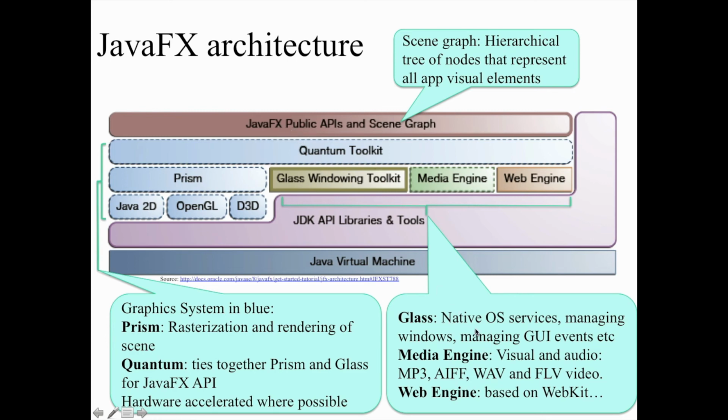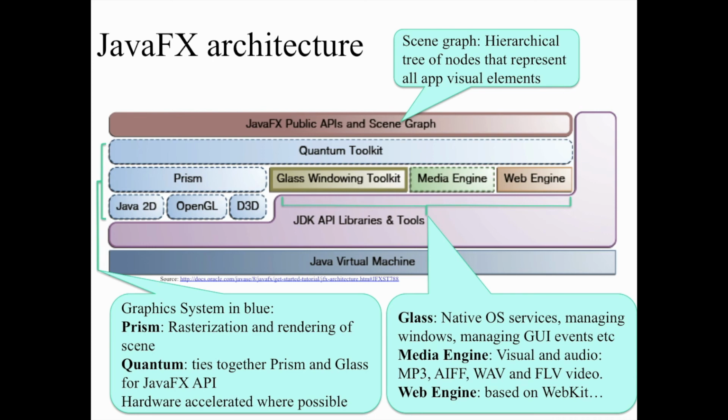So Glass gives us access to the native operating system windowing services. So the components that you have in JavaFX are actually quite thin, in the sense that you quickly go out into the native operating system windowing system components, and it means that what you get and what you see is very much in the look and feel of the native windowing system for the operating system you're dealing with.